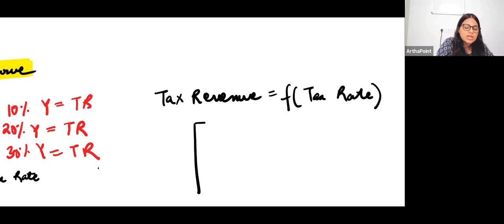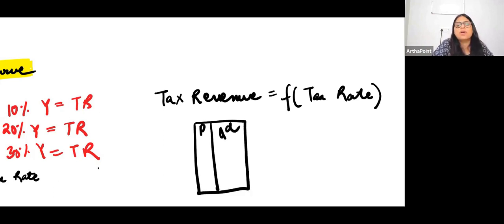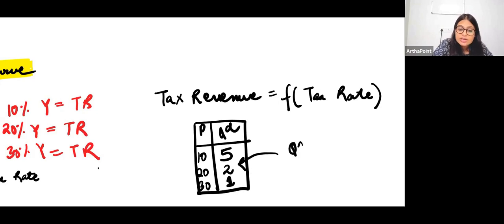Similarly, if I tell you that this is my price and this is quantity demanded, and I tell you that when price is 10, quantity demanded is maybe 5. When price is 20, quantity demanded is 2. When price is 30, quantity demanded is 1. I am telling you a relationship that the quantity demanded depends on the price of the commodity.